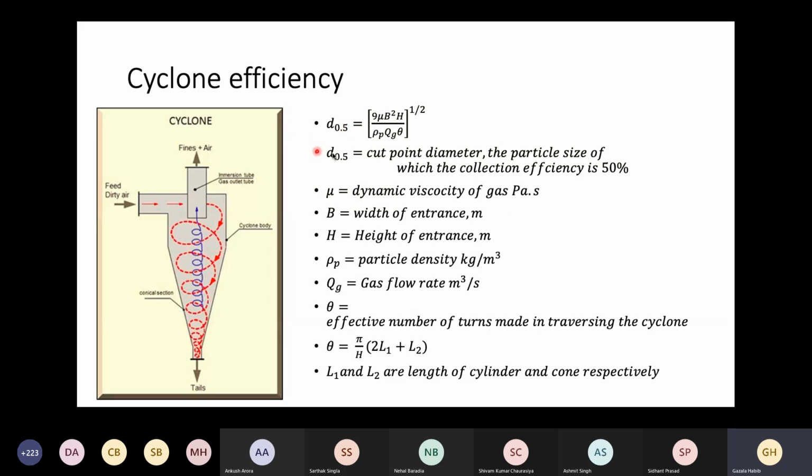So knowing that dp50 can be calculated for a given dp50, even b or h can be calculated if some other parameters are given. Then theta is actually the effective number of turns made in traversing the cyclone, so the number of vortex, you can say coil, that can happen inside the cyclone.